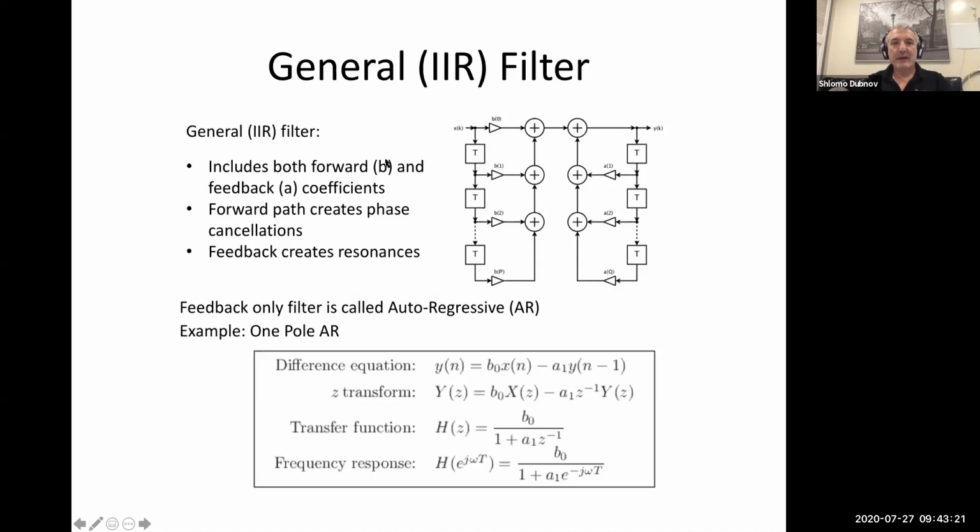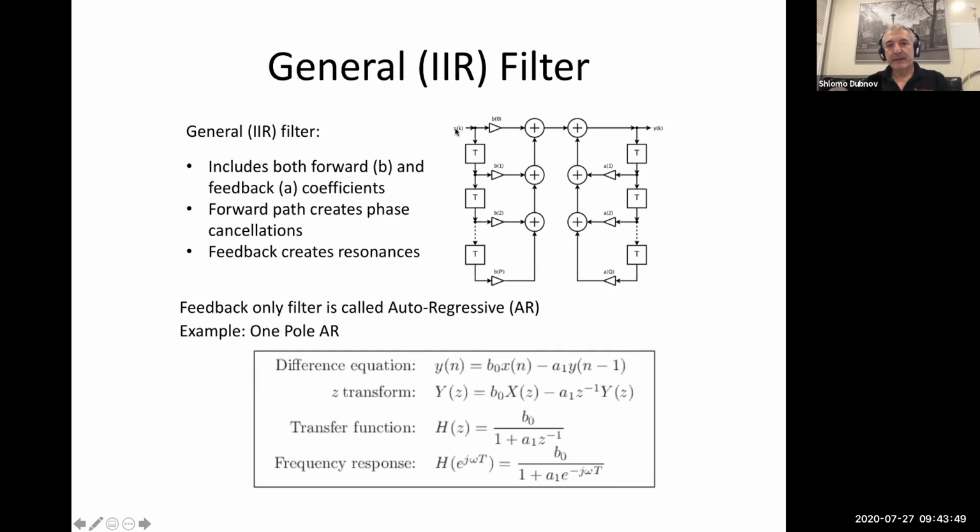This is where I introduced the terms of filters, and I would like you to be familiar with them, although we're not going to ask too many details about what this filter is. In convolution, which we showed earlier, this is the forward path.